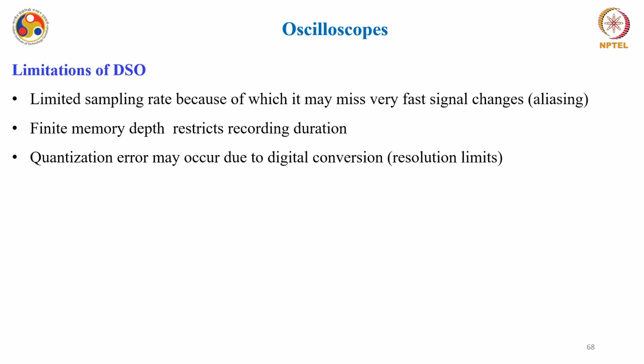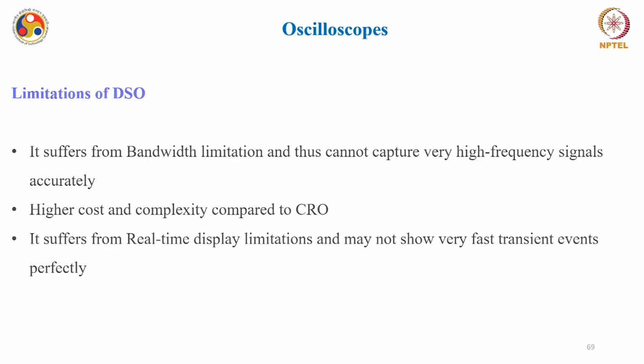However, they also have various limitations. They are limited by their sampling rate, because of which they may miss very fast signal changes, which means that aliasing can happen here. They have finite memory depth, which restricts the recording duration of the data. Quantization error can occur in a DSO due to digital conversion, which is basically the resolution limit of the DSO.